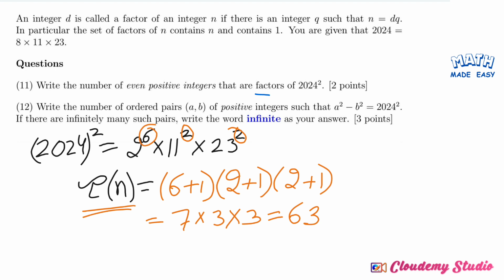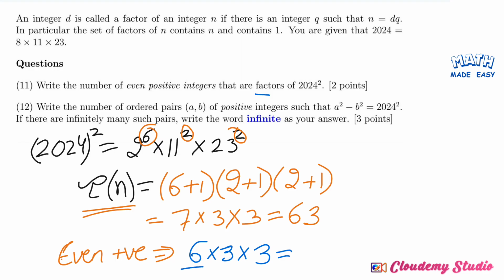Now we have to find even positive factors. For even positive factors, what will we take? We will take the power of 2 as 2 raised to power 6 itself, so 6 into 3 into 3.